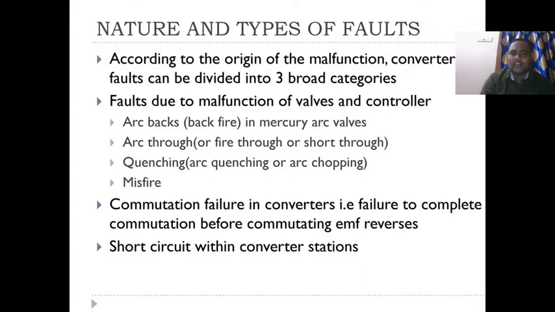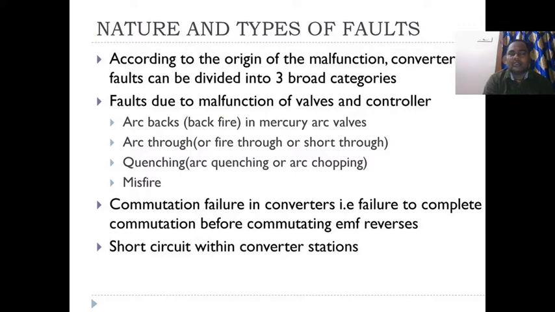Next is commutation failure in converters. So what does commutation failure mean? Failure to complete commutation before the commutating EMF reverses. Finally, short circuit within converter stations. These are the main faults that occur in HVDC system.